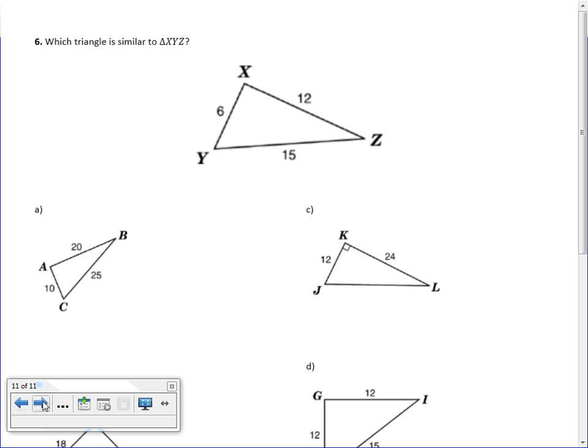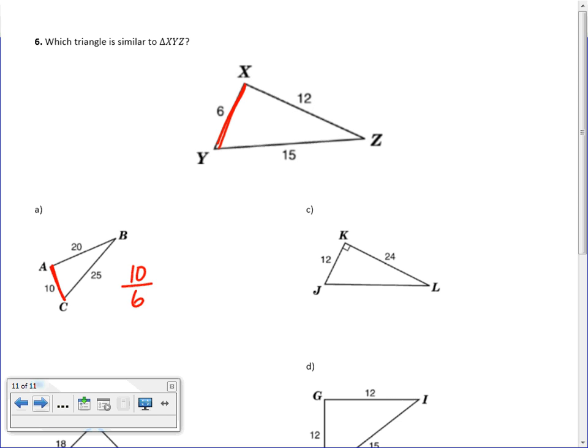Last page, number 6. Which triangle is similar? Oh, really? Okay, to XYZ. Oh, boy. All right, let's start with choice A. Well, the smallest side in choice A has to, if this is going to work, has to correspond to the smallest side in the big triangle.